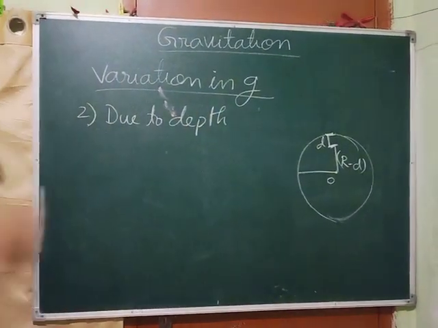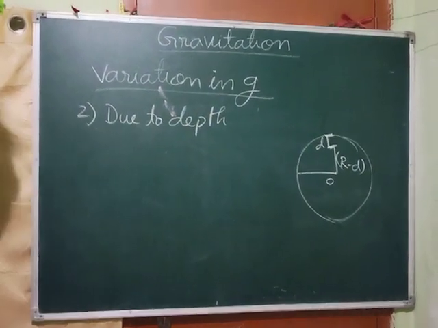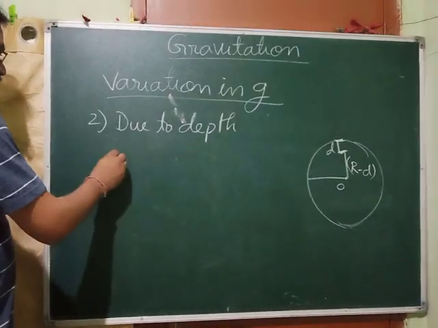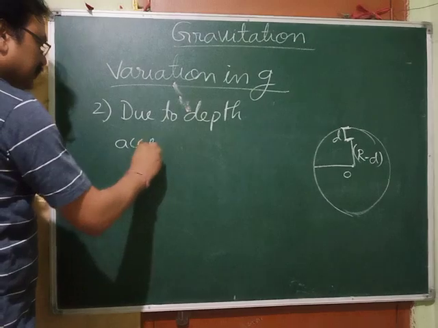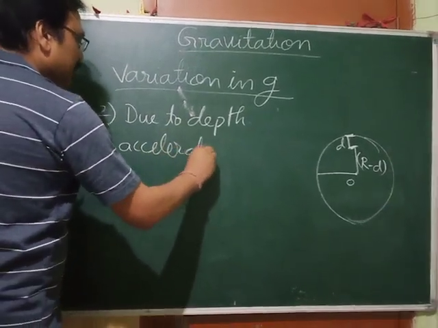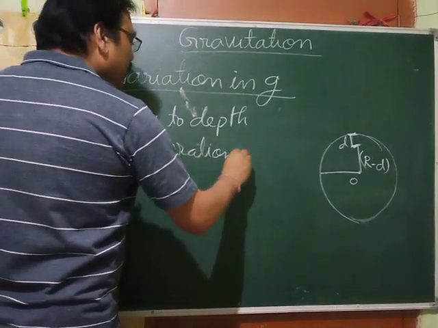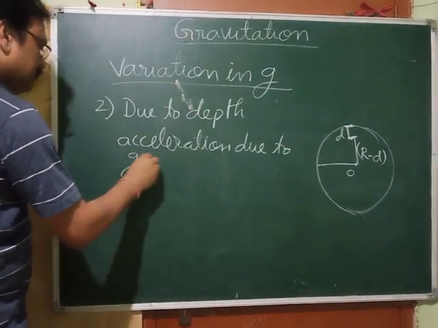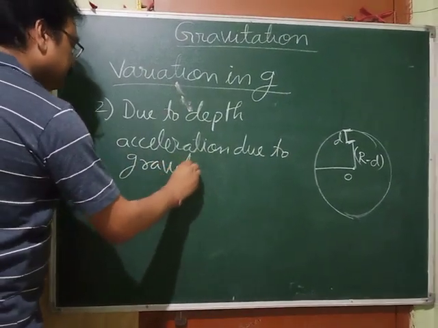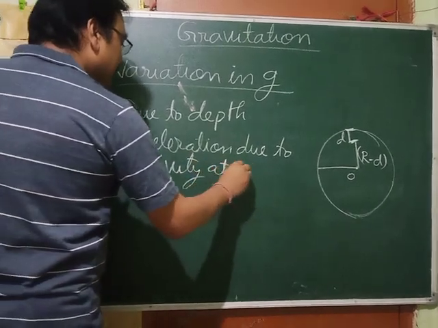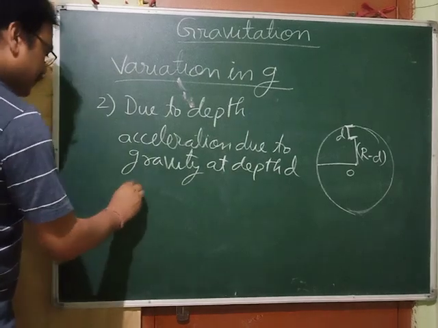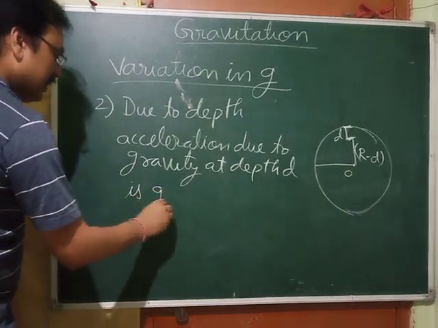Okay, now let me tell you what is the acceleration due to gravity at this place. The acceleration due to gravity at depth d is, let us write it like gd.